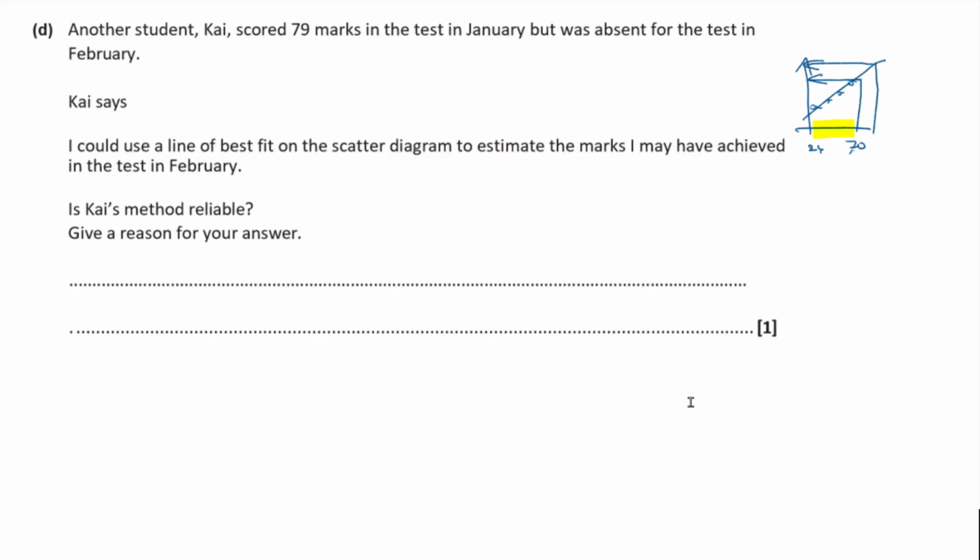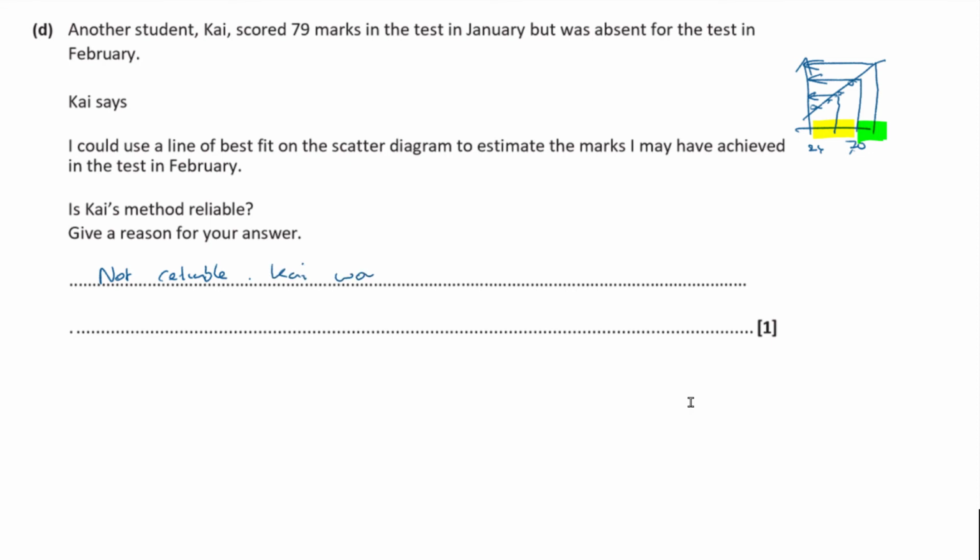Now if we're looking at 79, we're looking beyond the last value of our data. If you look up within your data range, we call that interpolation, and that tends to be fairly reliable. But if you look up beyond the end of your data, that's called extrapolation, and that is not reliable. So I'm going to say not reliable.